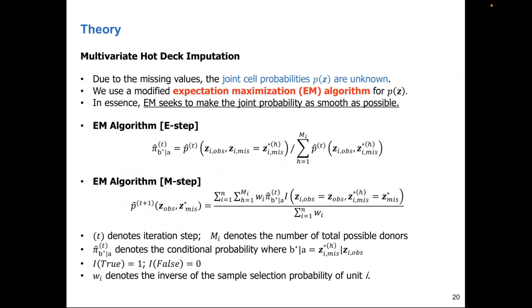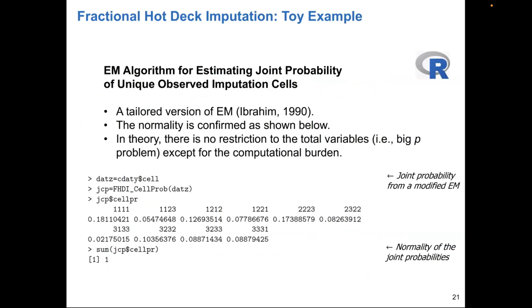We use the expectation maximization scheme, an existing method in statistics. In short, we try to make the joint probability distribution as smooth as possible. This is the idea behind the expectation maximization algorithm.